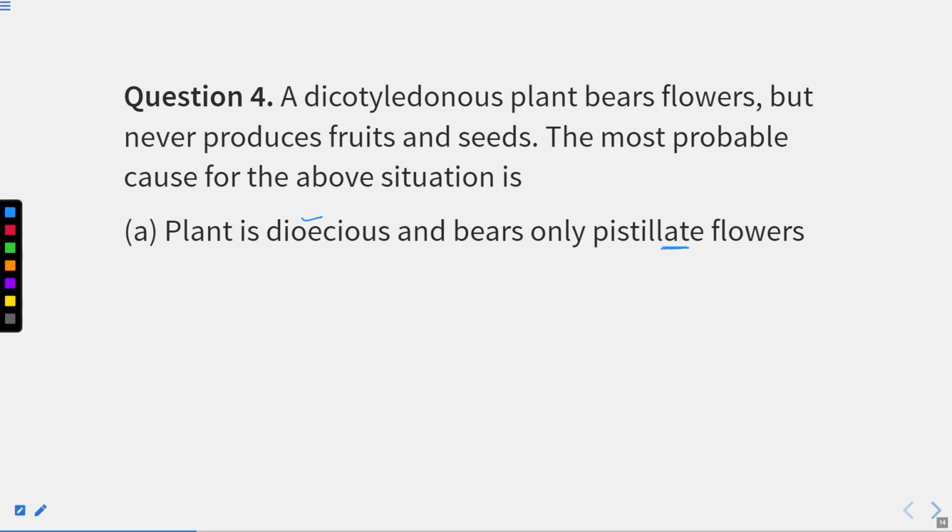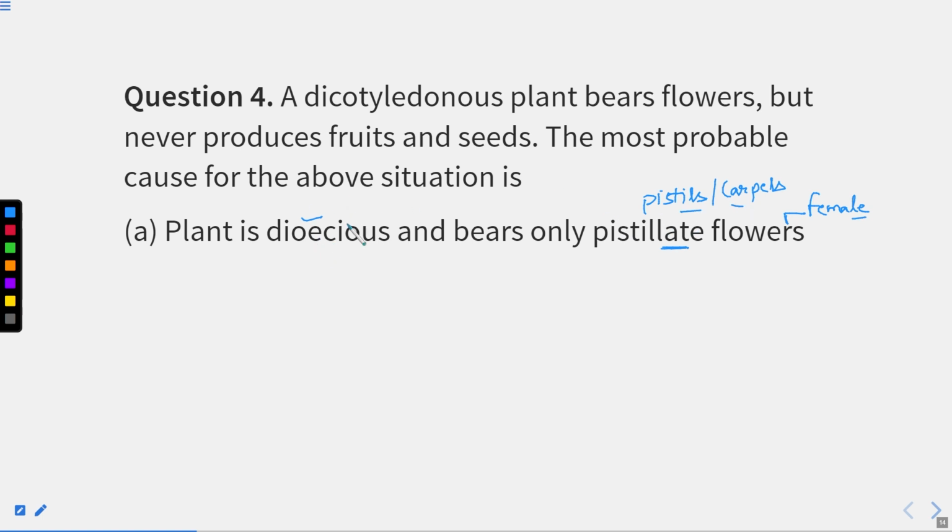Pistillate flower means it has only pistils, or you can say carpels, means it is a female flower, because pistils and carpels are female reproductive structures.